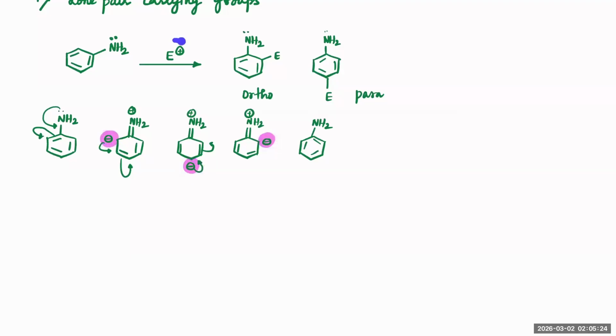That's the reason whenever an electrophile approaches a lone pair carrying group, it will always approach at ortho and para position only. It does not approach at meta position because electron density is more at ortho and para positions to invite that electrophile.